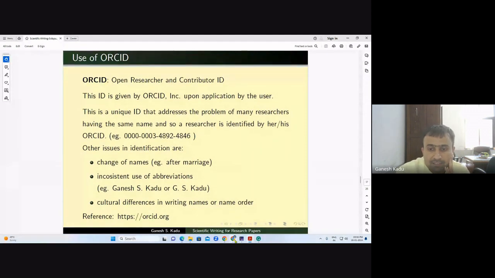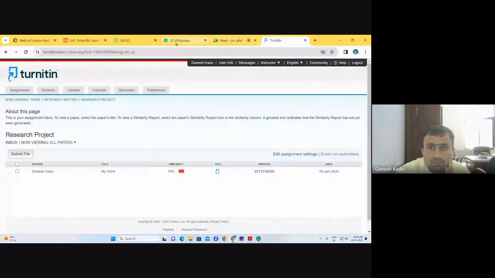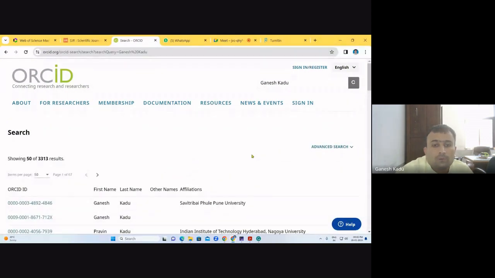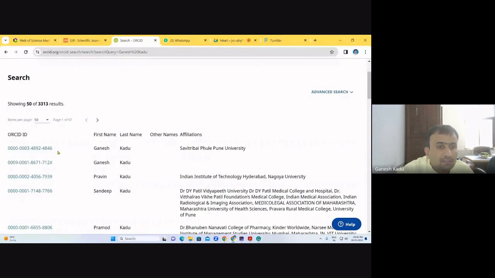Okay? So for example, let me go to this ORCID page. So this is the ORCID page. Here I type Ganesh Kadu, and you can see that there are two names. Okay, two people by the same name, Ganesh Kadu. And so I click on this one.